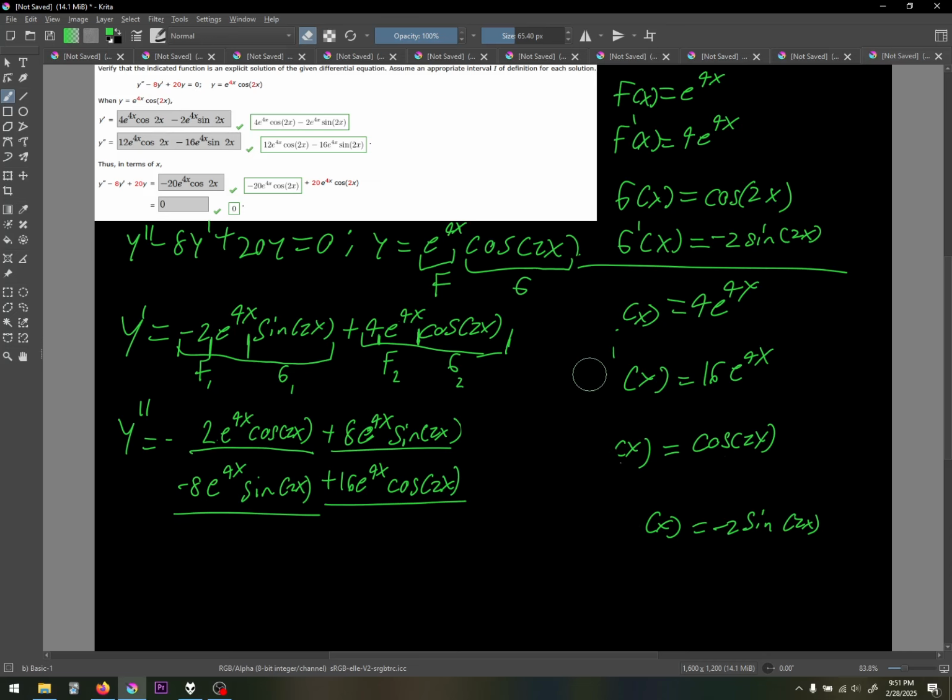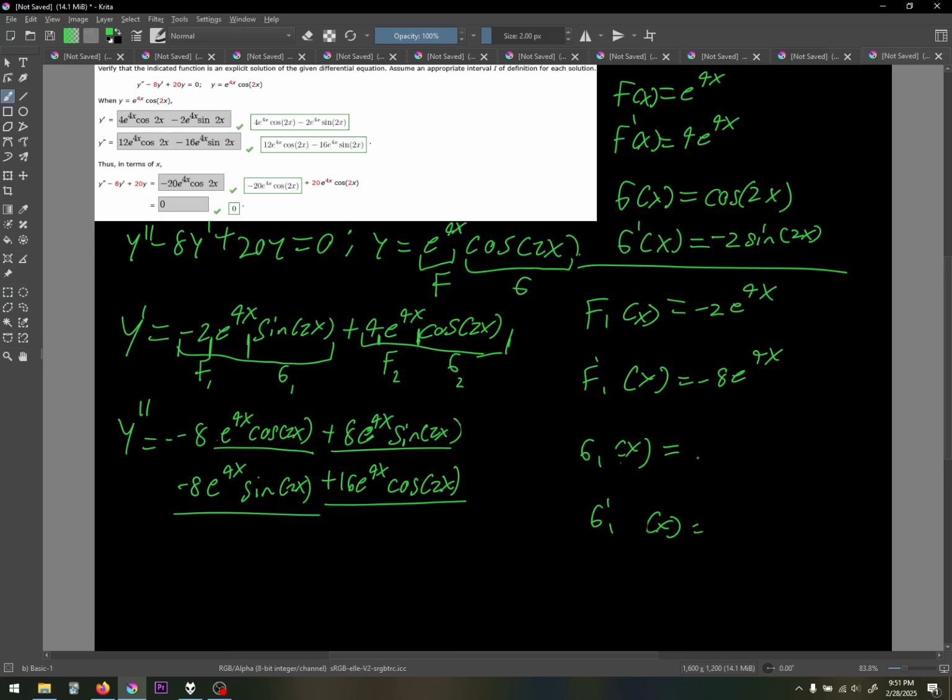Let's do f1 again. f1 is negative 2e to the 4x, which means it's going to be negative 8e to the 4x, which gives us negative 16, no it doesn't, negative 12 cosine, no just 12.